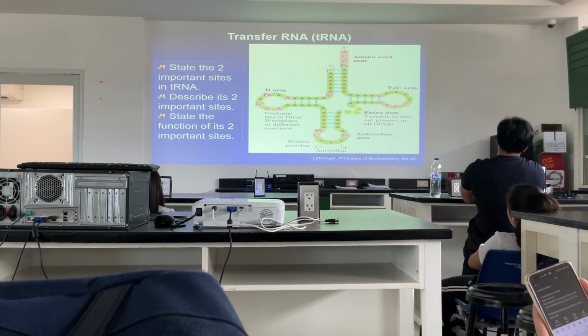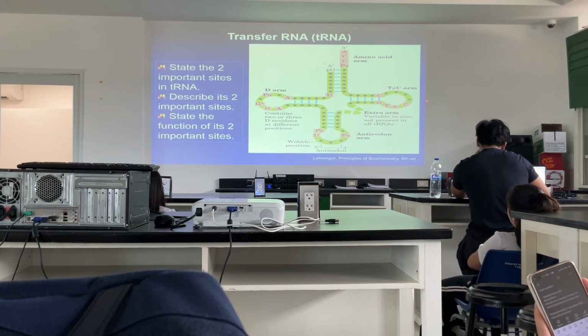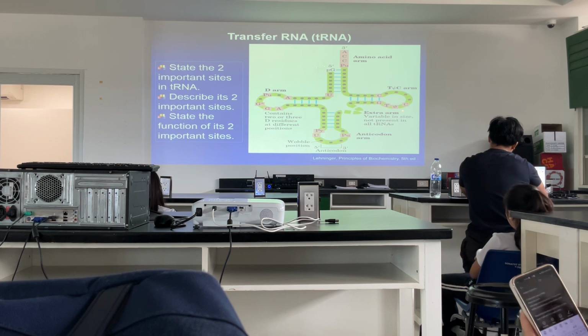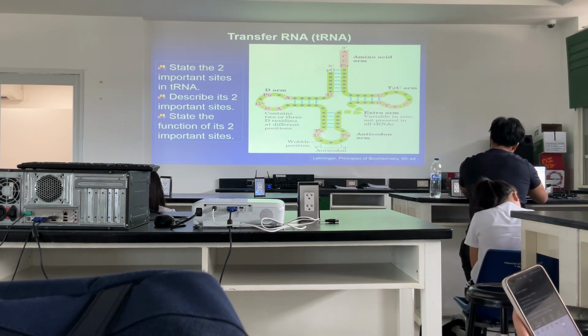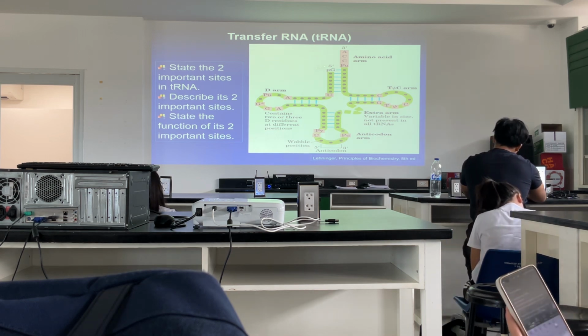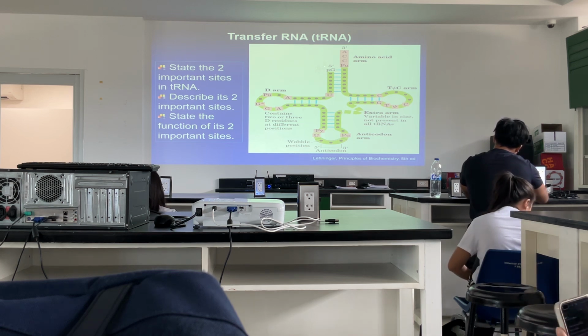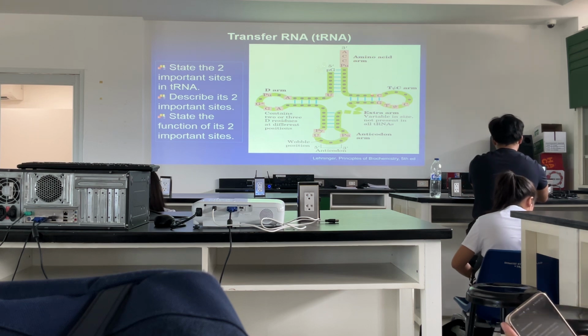And the other importance of the TC arm is that it will enable the tRNA to attach to the large ribosomal subunit. The ribosome is composed of a small and a large ribosomal subunit.